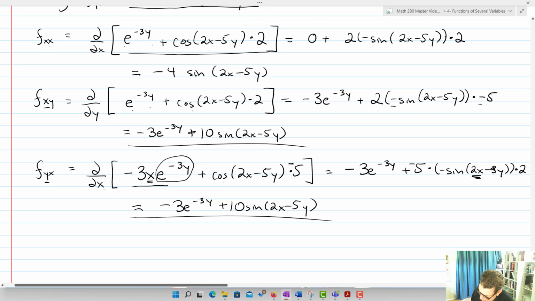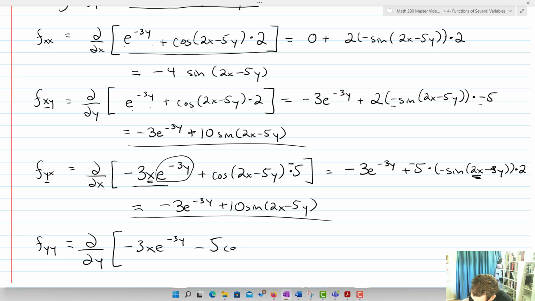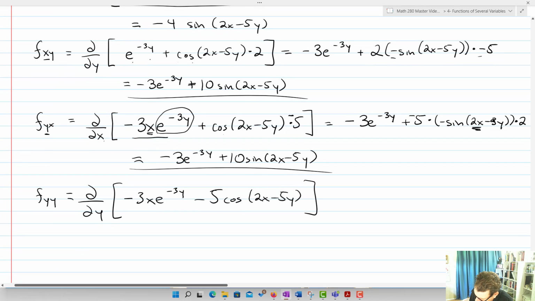Okay? And now let's take f of yy. Okay, f of yy. So we're going to have d dy of negative 3x e to the negative 3y minus 5 cosine 2x minus 5y. And when we take the derivative with respect to y of this, we end up with 9x e to the negative 3y.